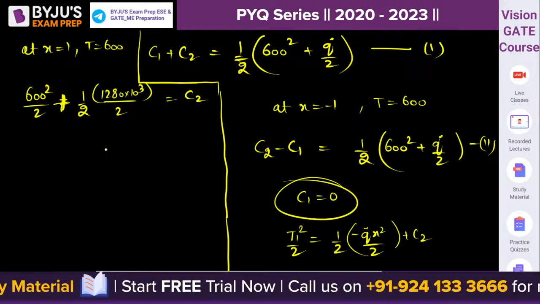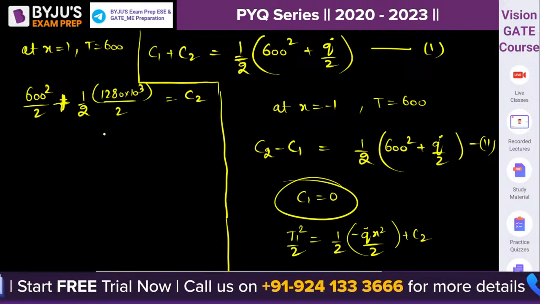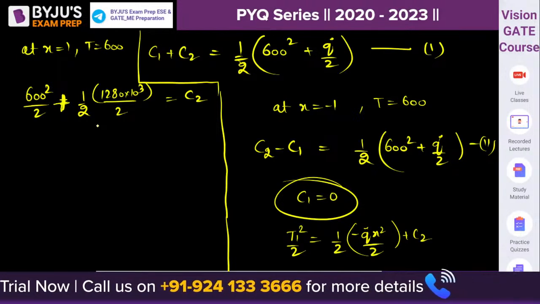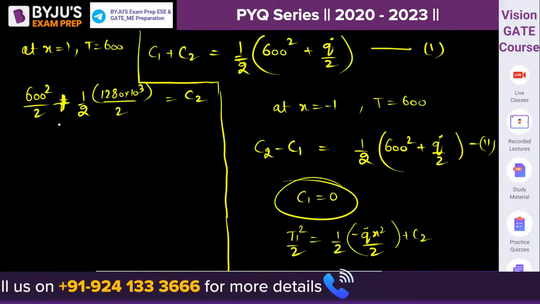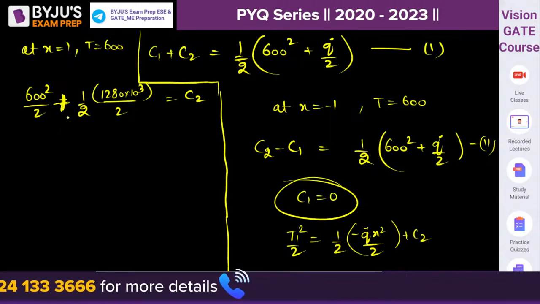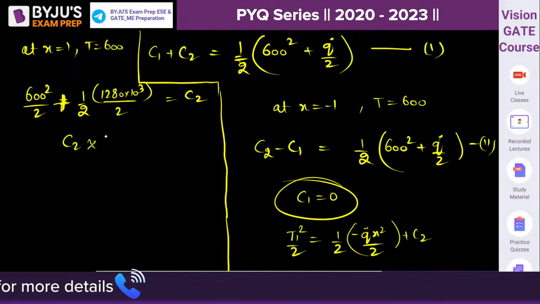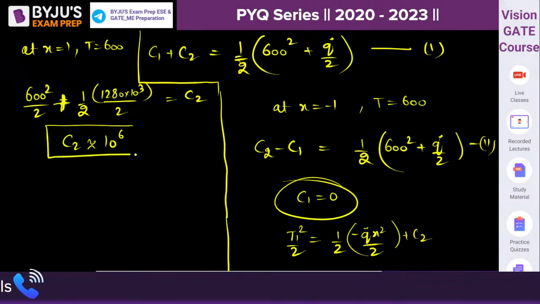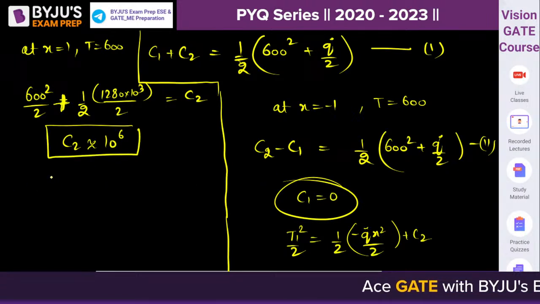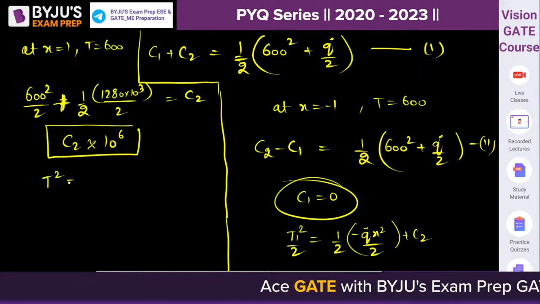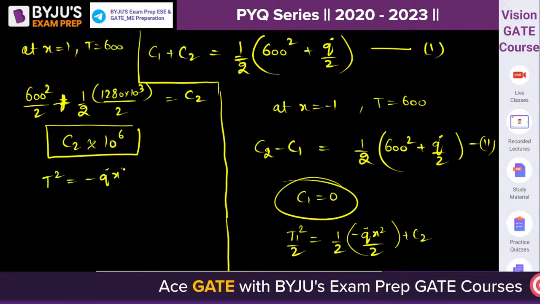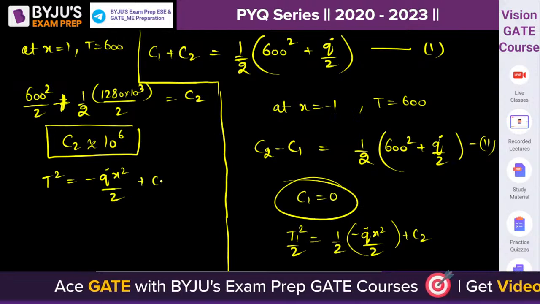Okay, can you tell me what value of C2 you are getting? If you try to solve it, it will be near about 10 to the power 6. So we get the value of C2 equal to 10 to the power 6. So place it over here. Now the equation is T square is equal to minus Q dot x square by 2 plus C2.